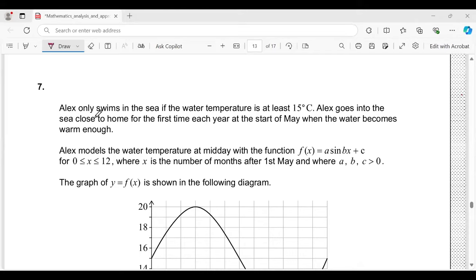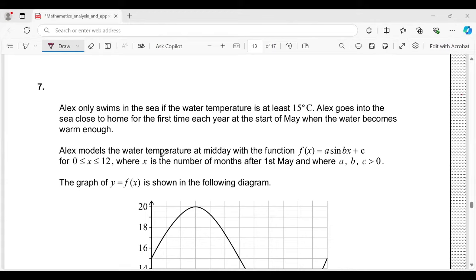Number 7, Alex only swims in the sea if the water temperature is at least 15 degrees Celsius. Alex goes into the sea close to home for the first time each year at the start of May, when the water becomes warm enough.